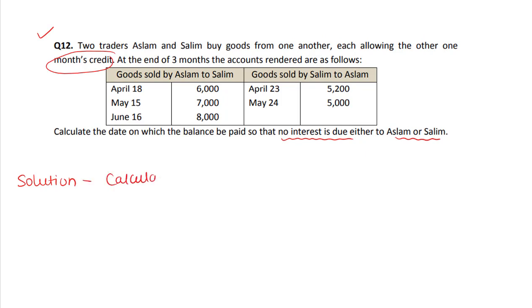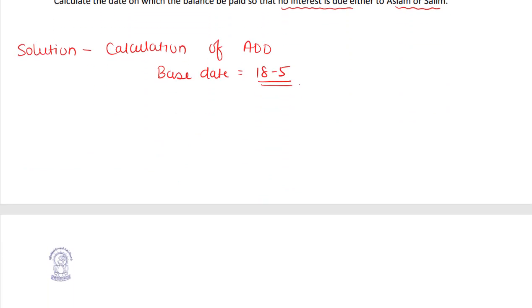Solution: calculation of average due date. First finalize the base date. It's a 1 month credit. So 18th April plus 1 month is 18th May. 18th May is the base date.